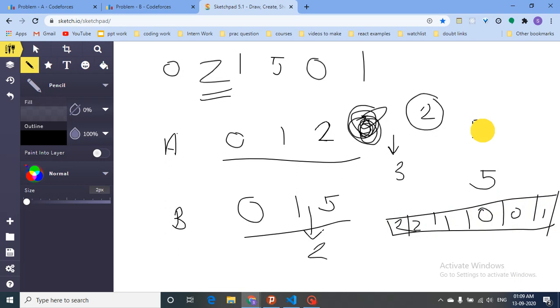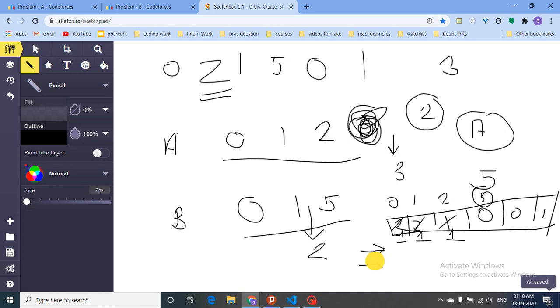First try to fill for A. Iterate from left to right, and if there is some number present for 0, subtract 1 from it. Then for 1, subtract it. Then for 2, subtract it. Now there is 0 for 3, so I cannot add this number to my set, so the MEX of this first iteration is 3.